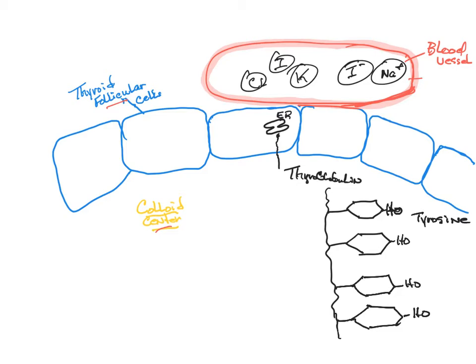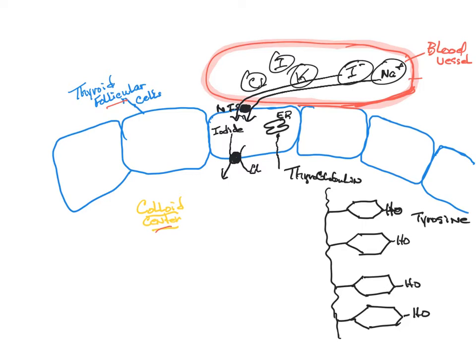Now what will happen is we have these transporters on these cells. This is known as an NIS transporter, and it is going to transport sodium and iodide into the cell. Now remember, this iodide that comes in is iodide, not iodine. It will come into the cell. We have another transporter here that will transport this iodide on into the colloid, and we'll exchange it for chloride.